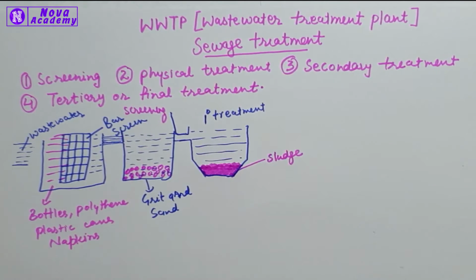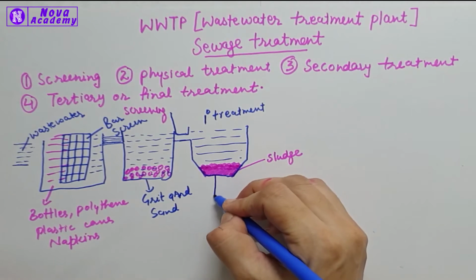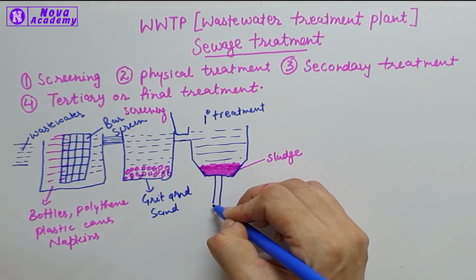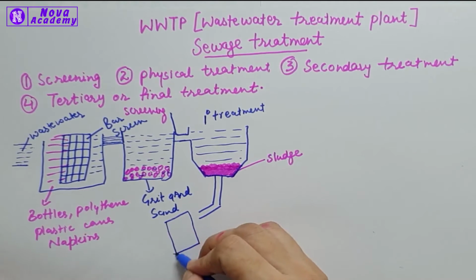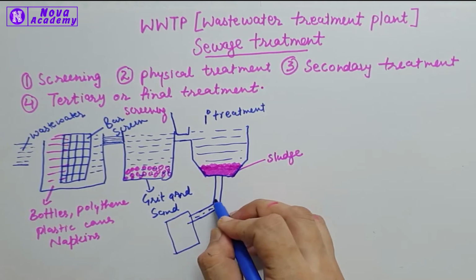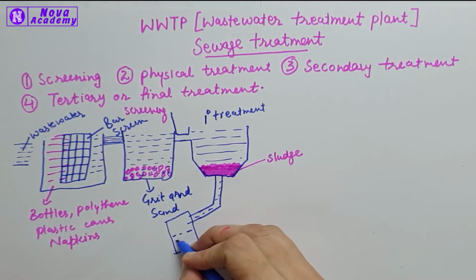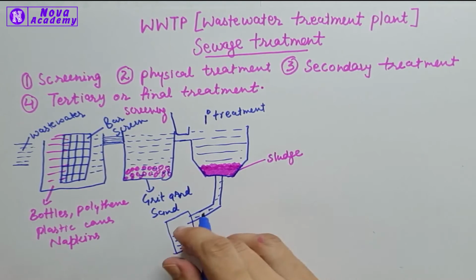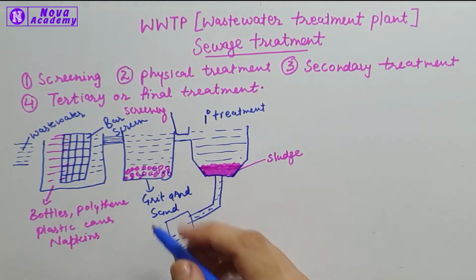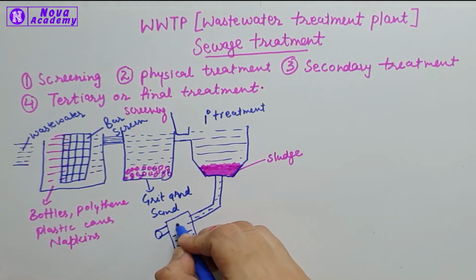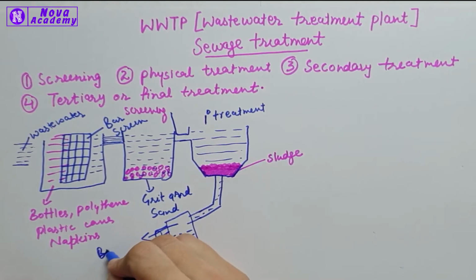So in the primary treatment, the sludge which is formed is removed by the scraper or sent into the digester. In the digester, anaerobic bacteria are already present which digest the sludge and change that sludge into biogas, and biogas is removed from here and used for different purposes.